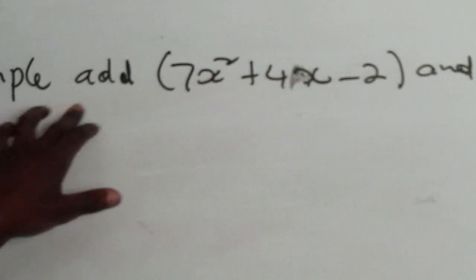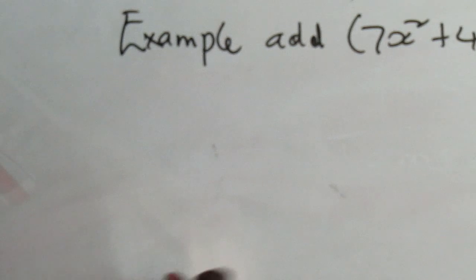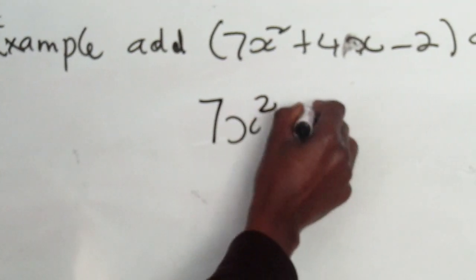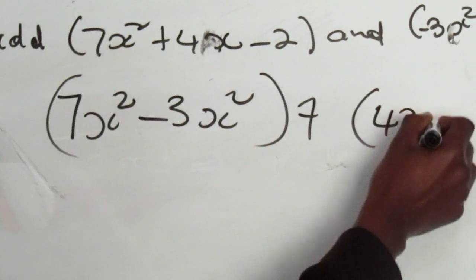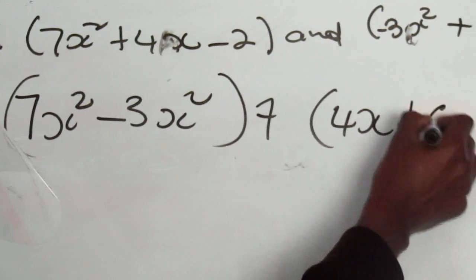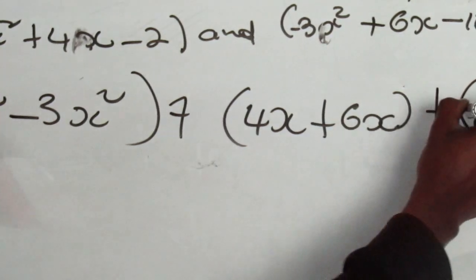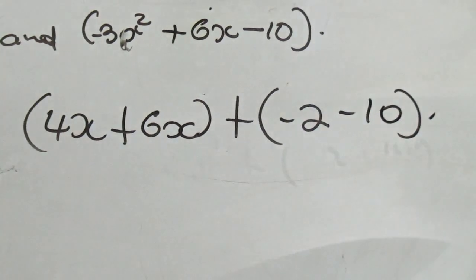So in order to add these expressions, we are going to collect like terms. For example, we're going to have 7x squared minus 3x squared, close brackets, plus 4x plus 6x, open brackets, negative 2 minus 10.